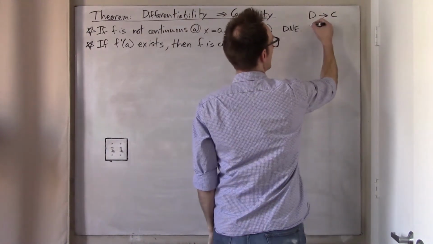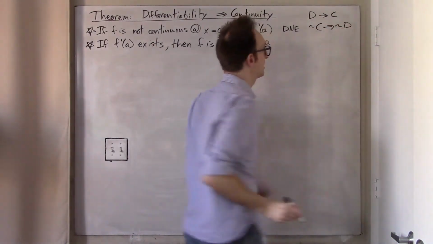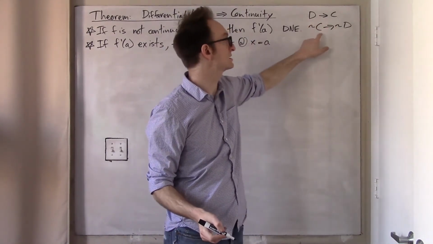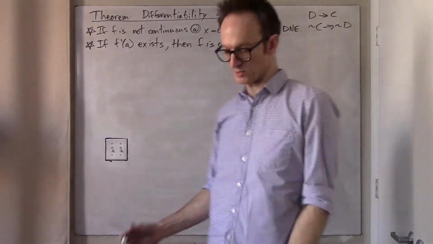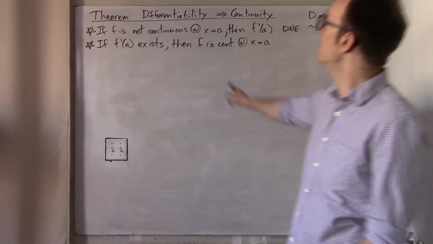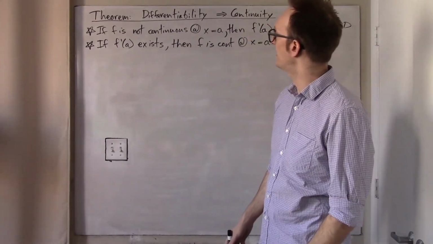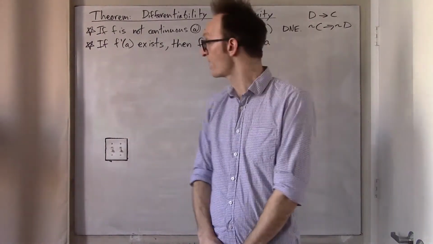I think they still teach these kinds of things nowadays. That's called the contrapositive. So the contrapositive of the conditional if D then C is the conditional if not C then not D. Okay, so these are logically equivalent to each other, but this is the one that we talked about in the previous part of the video, that if a function's not even continuous at a place, then it's definitely not differentiable.